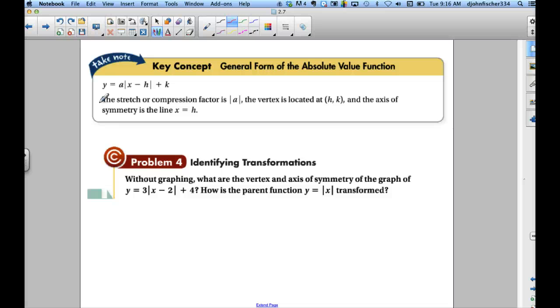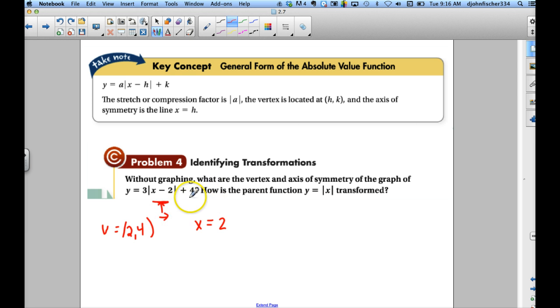Without graphing, what is the vertex and axis of symmetry of the graph of this? How is the parent function transformed? Well, my vertex is going to be what makes the inside 0 and the number on the outside, so it'll be (2, 4). It's my vertex. My axis of symmetry is x equals 2. And how is this transformed? It's moved to the right. This part is going to move it to the right 2 units.